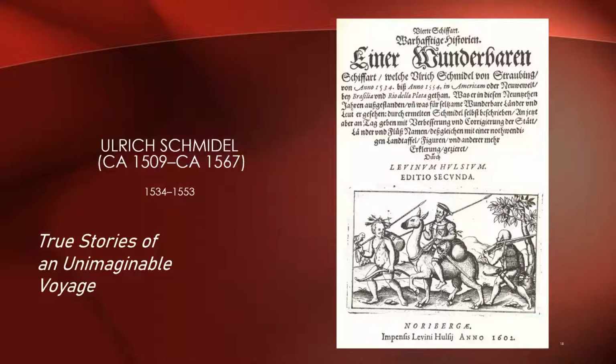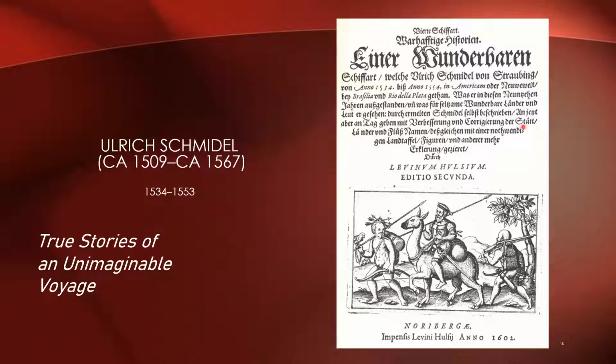The first one is Ulrich Schmidl. And here in giving the dates, the 1509 to 1567 are their birth and death dates. And then this other date, 1534 to 1555, is the time they spent in South America.